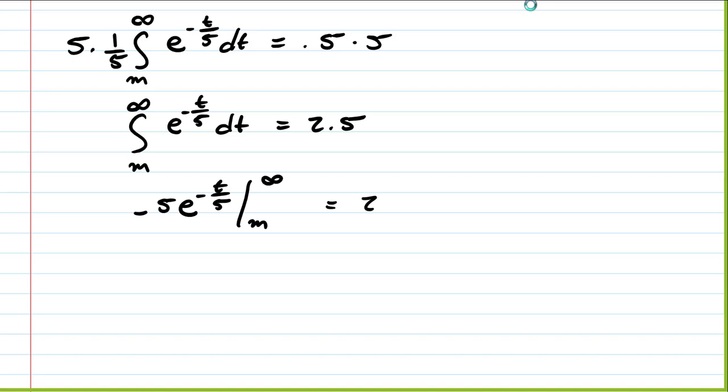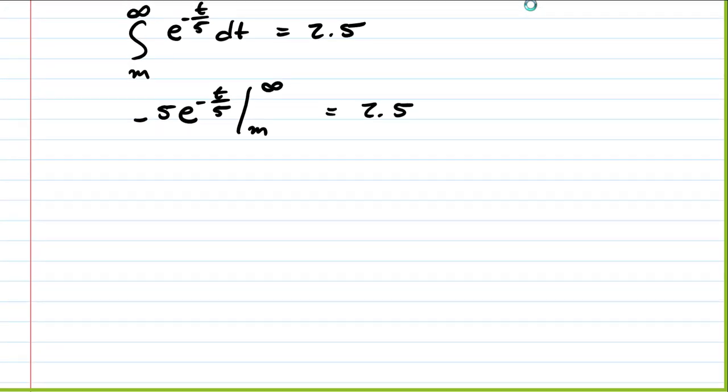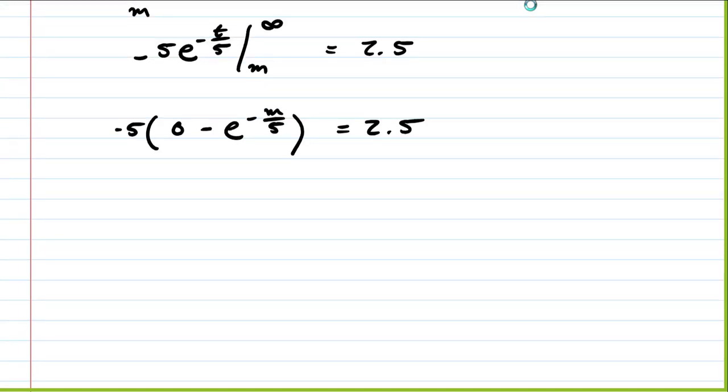And this needs to equal 2.5. So we have negative 5 times e to the negative infinity, which is 0, minus e to the negative m over 5, is equal to 2.5. So now distributing, we get 5e to the negative m over 5 equals 2.5.